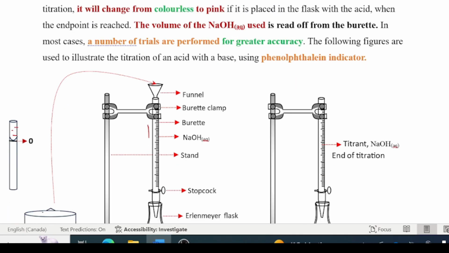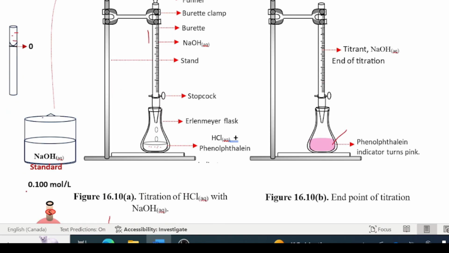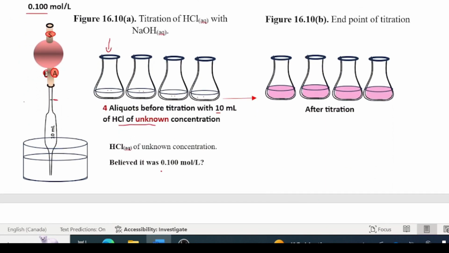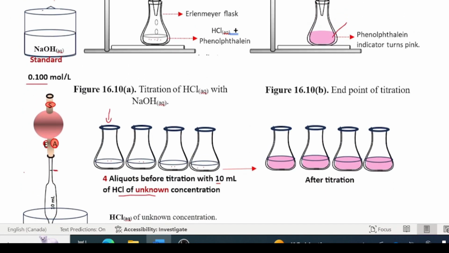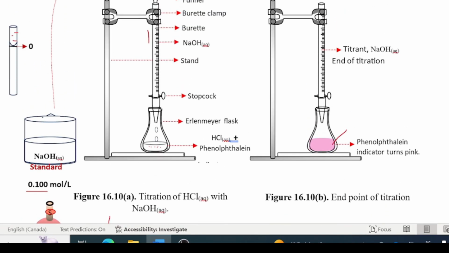That's a standard solution. You know the concentration of that. You choose whatever concentration you want because you suspected that this HCl was probably about 0.1 mole. You're not certain about that. You believe that it was 0.1 mole. So you have to get a concentration of sodium hydroxide that was similar to that. Okay? That's why you choose 0.100 mole per liter.